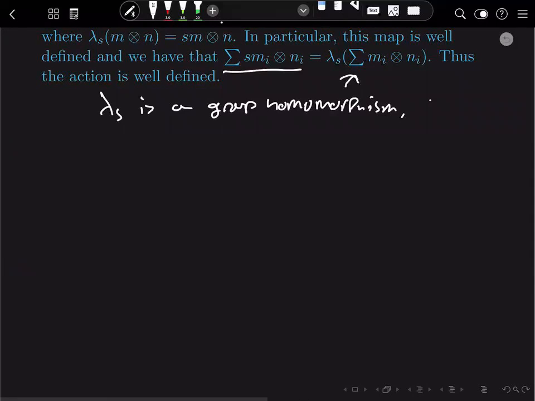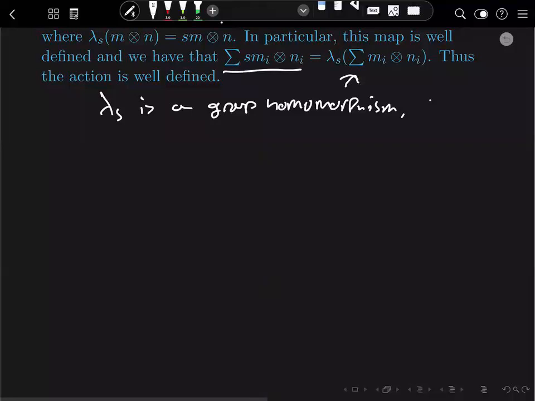The last thing to do is to check that this satisfies the S-module axioms, and it's a pretty simple check. I'll leave that to you to verify, to go through each module axiom and make sure that this does indeed satisfy the axioms.